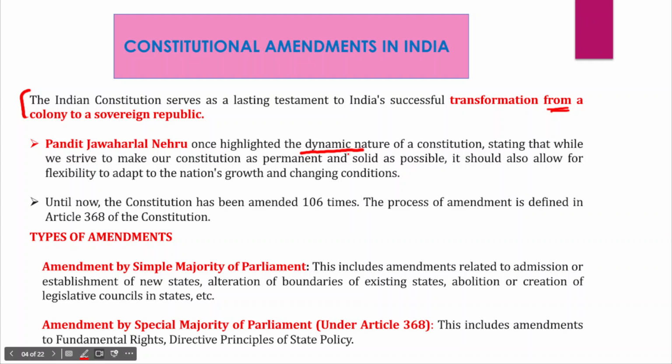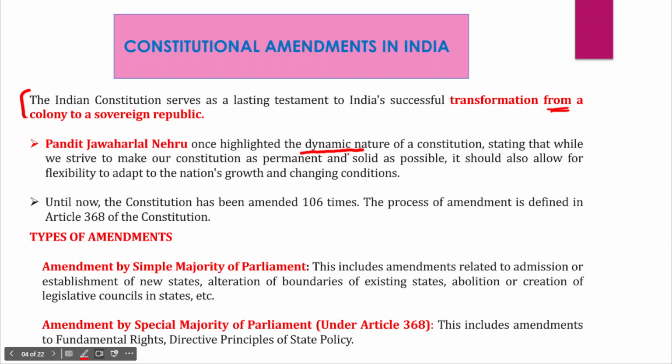And in fact, Pandit Jawaharlal Nehru also highlighted that we would like to make the Indian constitution a permanent constitution. This should not be a temporary constitution, rather a permanent constitution.